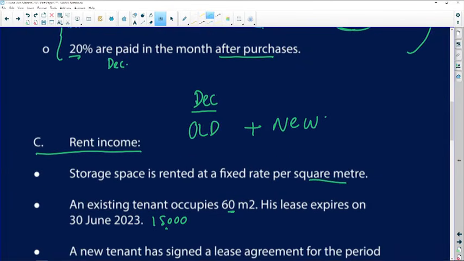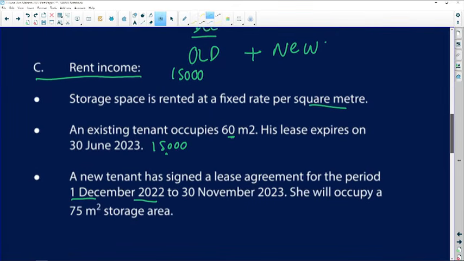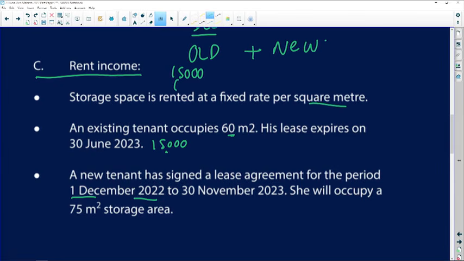So our old tenant is paying 15,000, and that 15,000 is obviously for 60 square meters. Our new tenant will have a slightly bigger premises, 75 square meters. Right, so let's work out the rent that the new tenant will be paying.